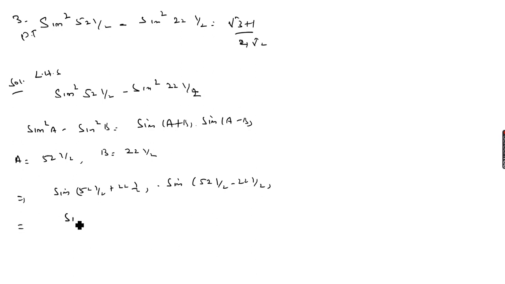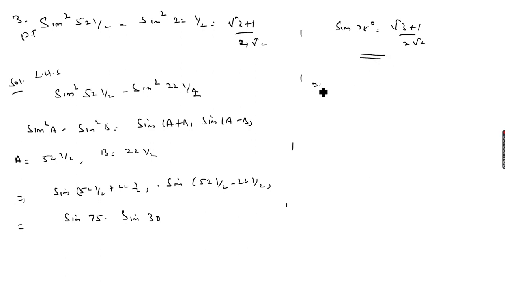So we get sin 75 into sin 30. We have a formula for the sin 75 value: sin 75 degrees is equal to root 3 plus 1 by 2 root 2.